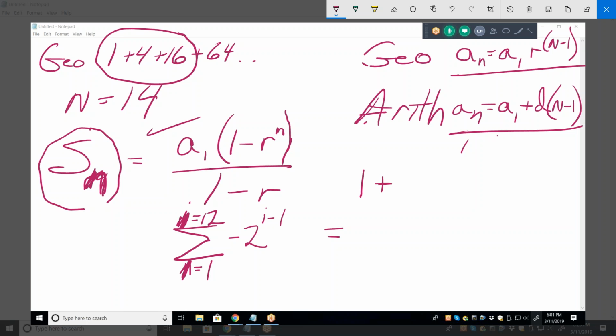Plus, what's the second term? i is now 2. Would it be -2? Correct. What's the third term? Now, there's something very important here: is there a parentheses around the -2 or not?